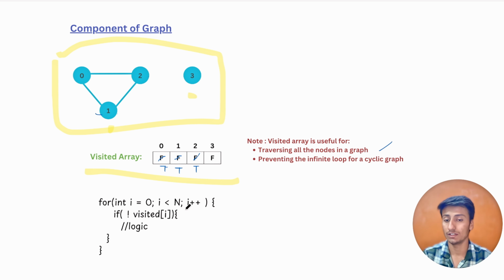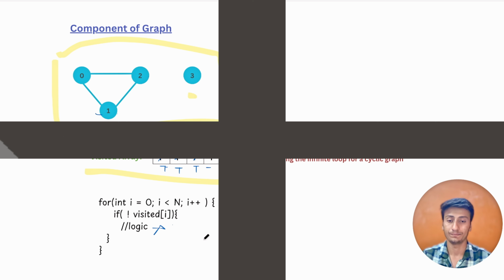So if not visited, if it is false, then we go into the logic. For 0, 1, 2, since we have visited, this logic will not run. But next, when i becomes equal to 3, since it is false right now, we will again go for this loop traversal. You will have a better understanding once we learn how graph traversal works.